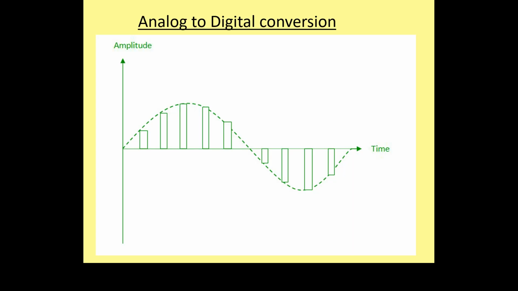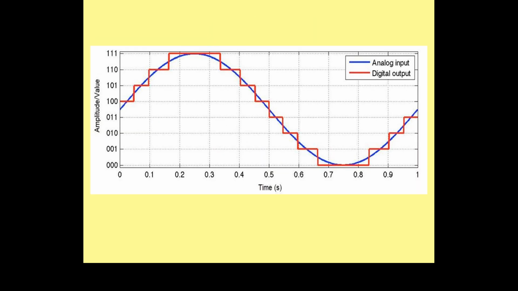Here is a simple example of how the data, either sound or light, can be in the form of a sine wave. So here is the sine wave shown on the slide. It is converted into digital form, binary, by taking the signal values in the form of zeros and ones.